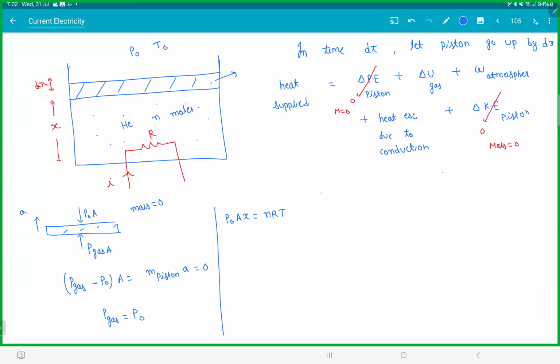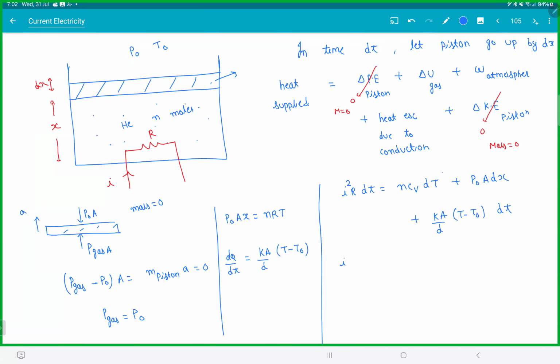So heat supplied would be how much? I square R dt. Change in internal energy of the gas, nCv dT. Work done on atmosphere would be P naught into A into dx, plus the heat went away due to conduction. We also know dQ by dt is equal to KA by d delta T. So here delta T will be temperature inside minus temperature outside. So this will be KA by d (T minus T naught) into dt.